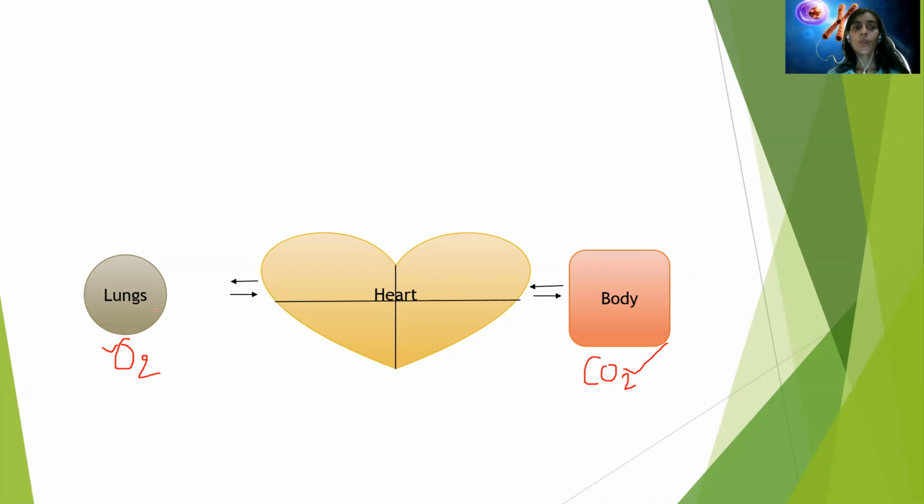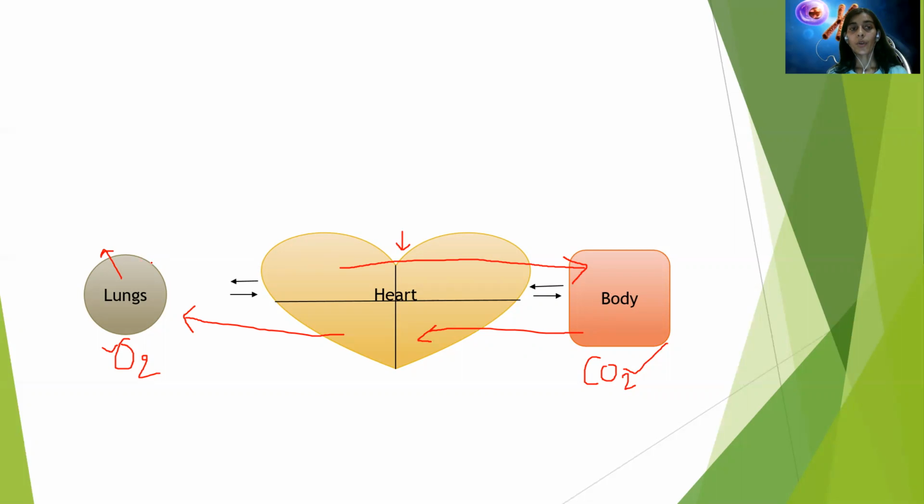But when blood with oxygen moves to the body, it first reports to the heart. That oxygen-rich blood crosses the heart and then moves to the body. The same way, when blood has carbon dioxide, it first enters the heart and only then can it move to the lung and from the lung ultimately out of the body.